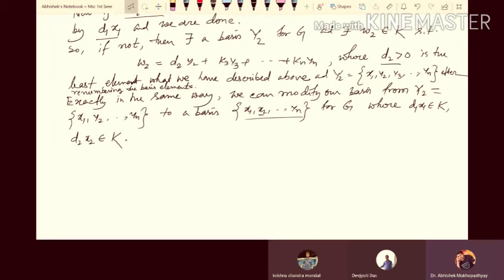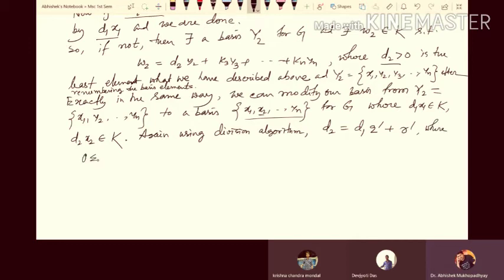So d2 x2 belongs to K. Now again using the division algorithm, d2 can be written as d1 q dashed plus r dashed, where 0 less or equal to r dashed less than d1.